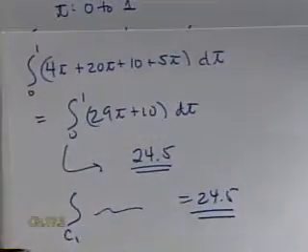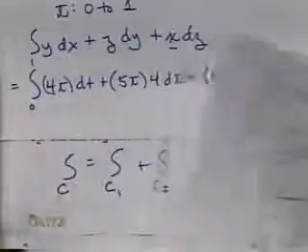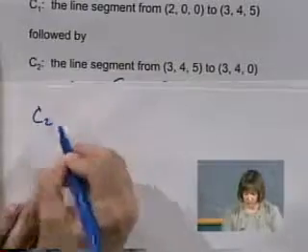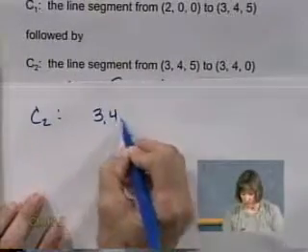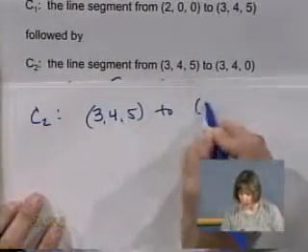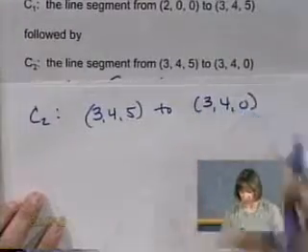Now, right now we sit and we think, oh, she's got to do C2, but I really need to do C2 for a reason, and let me show you why. C2 is a very nice one. When you get a C2 like this on your test, you say, Mrs. Strocko, I like you. Notice C2 goes from (3, 4, 5) to (3, 4, 0).